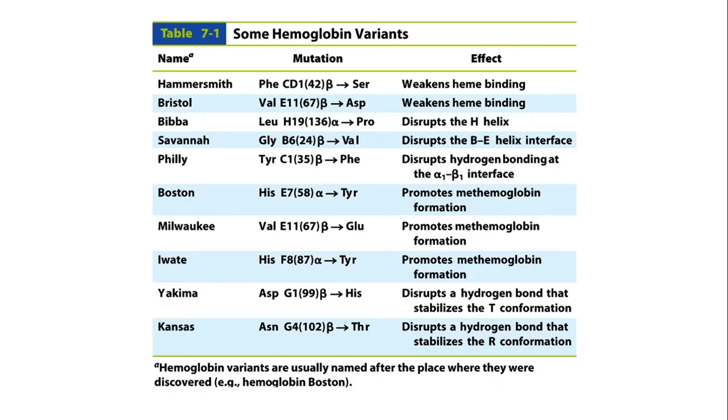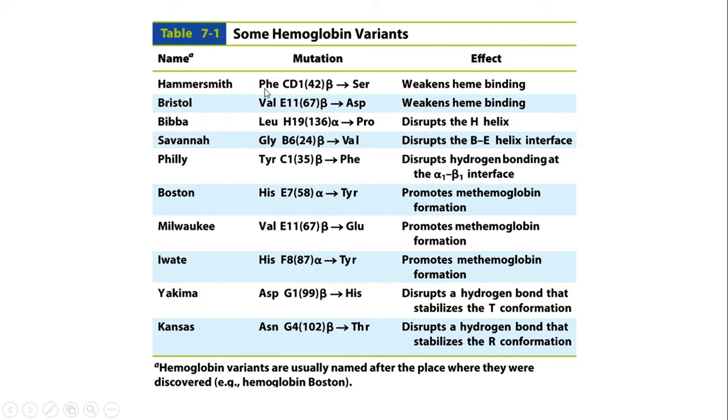Here are some of those hemoglobin variants. The names are usually named after where they were found or discovered. Here we have Bristol, Hammersmith, Boston, Milwaukee, Kansas, for example. Again, you're not responsible for these mutations. It's just giving you an idea of what types of issues can arise from mutations.